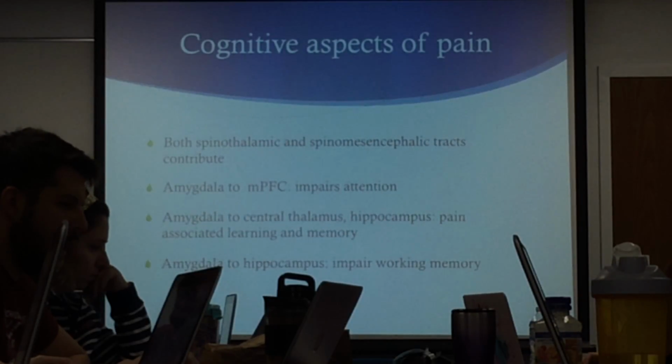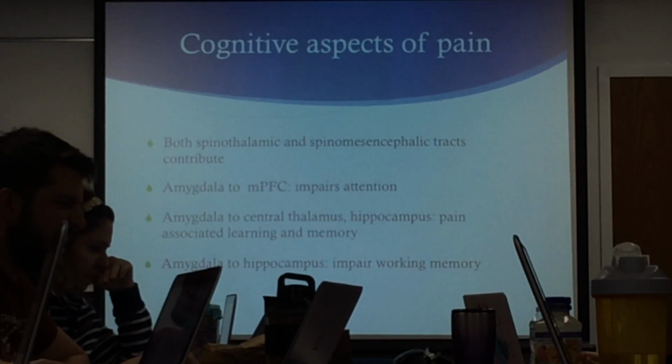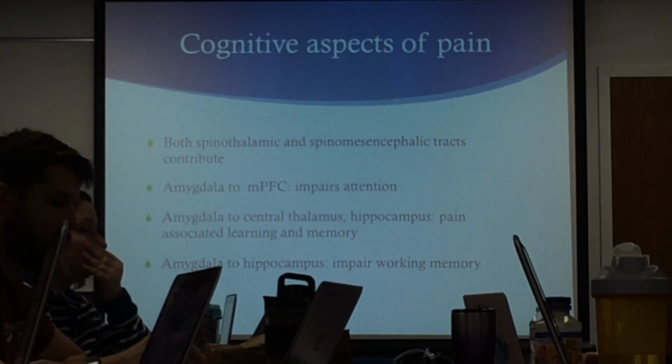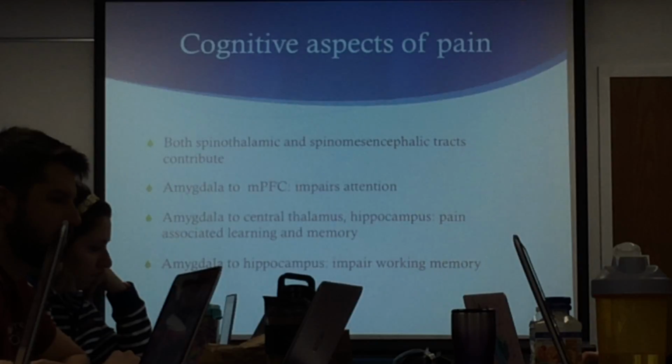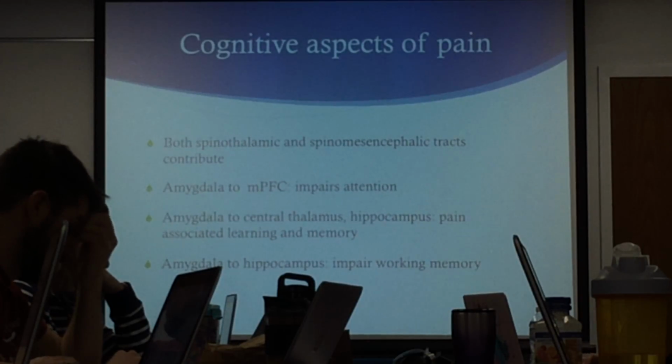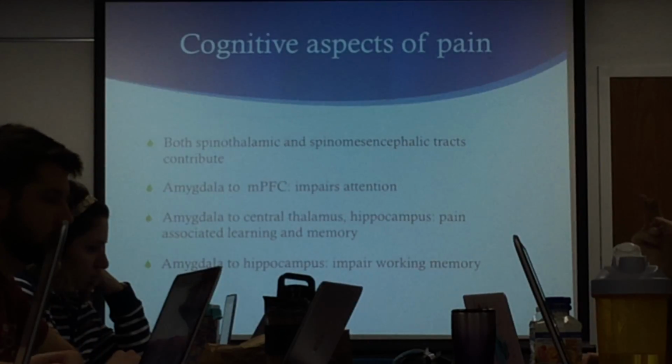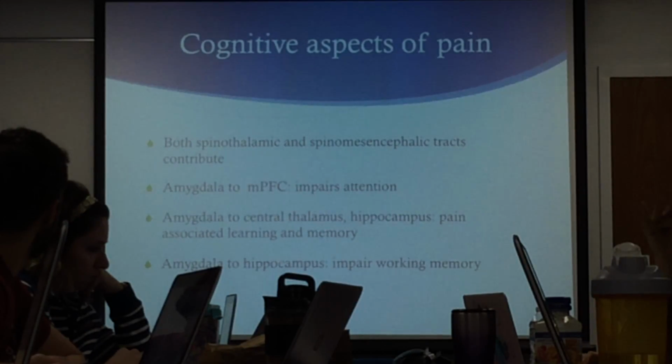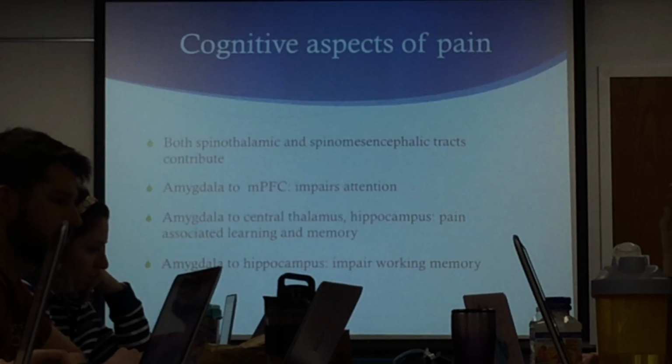Now for the cognitive aspects of pain, as I said, both the spinothalamic and spinomesencephalic tracts contribute and participate. These projections are pretty diffuse, so it's really too diffuse for me to try to go over today, so I just gave a few examples. There are amygdala projections to the medial prefrontal cortex, and they specifically impair attention.